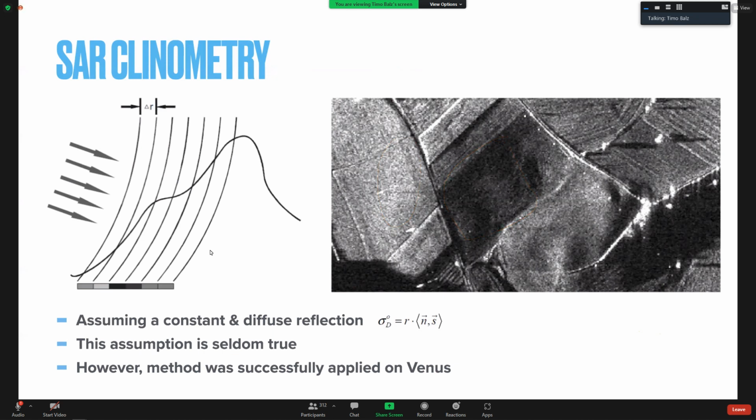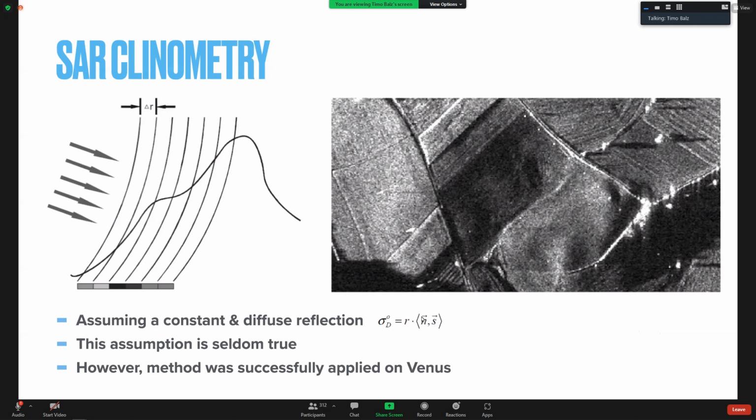Now, if we say all of the surfaces reflect the same, we assume they are constant and diffuse reflection, we can calculate the reflection, and then we can get the normal vector of that in comparison to the sensor. So basically, we can get the slope from that, and then we can reconstruct the DEM.